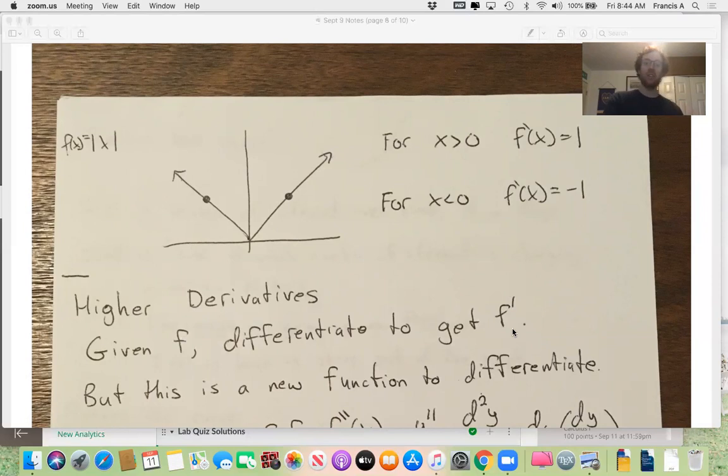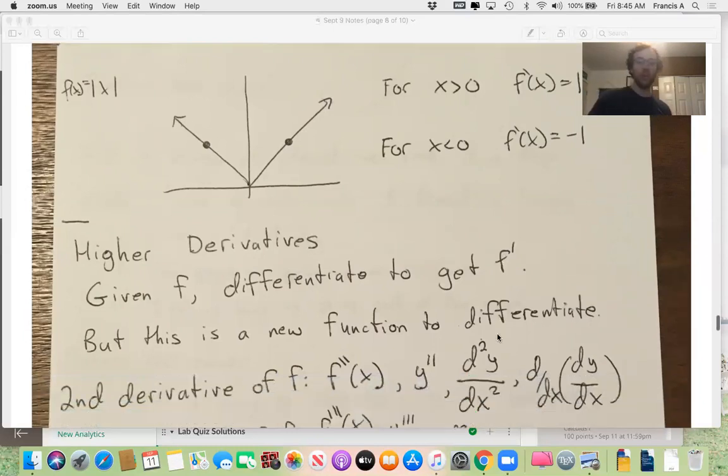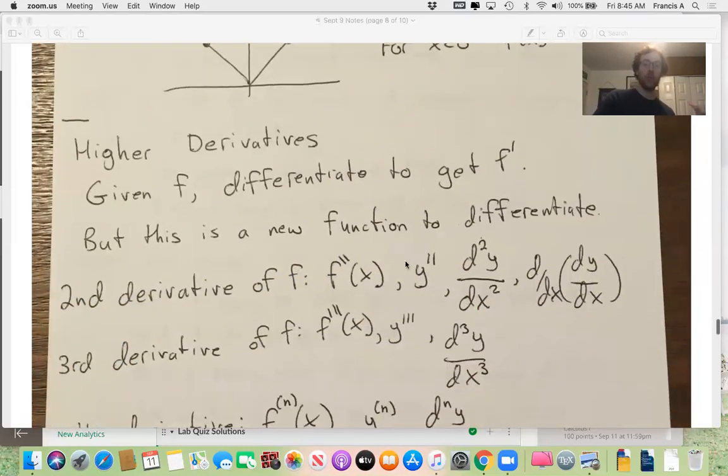And so you can take the derivative of the derivative, because this is just another function. It has tangent lines, they have slopes. What are they? And this gets into what are called higher derivatives. So if you take the derivative of the derivative, sometimes called the first derivative, just to emphasize that we've done this once, the second derivative of f is the derivative of the derivative.